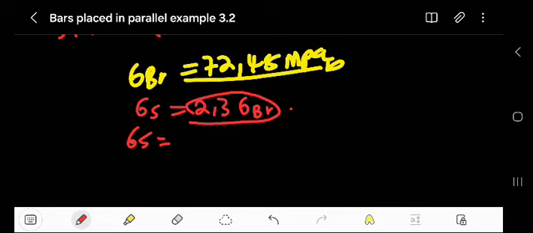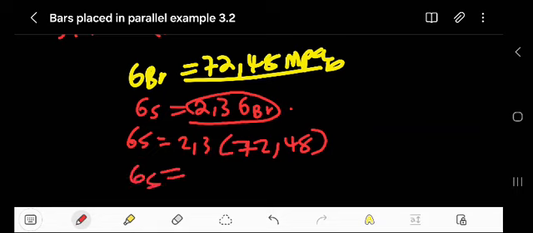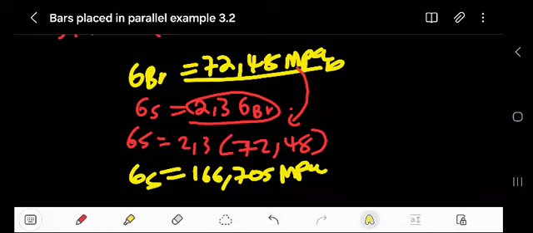This is 2,372.48. Because I substitute this in megapascal, this will also be in megapascal, so it will be 166,705 megapascal. This is what we have.